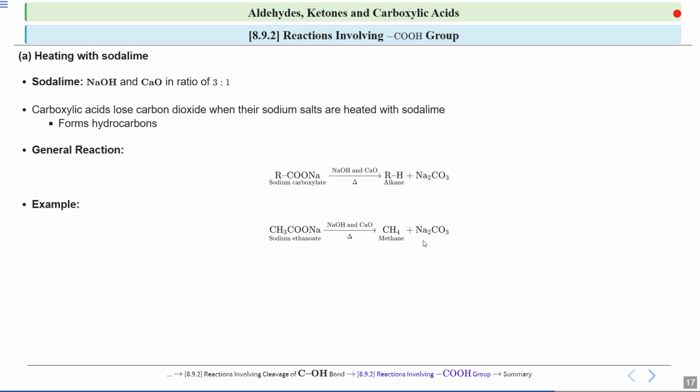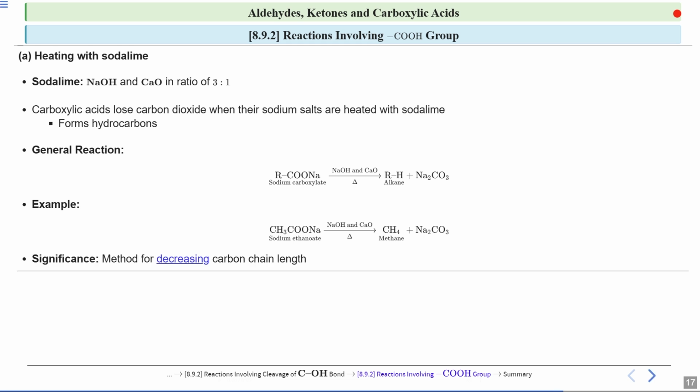You can see how a simple carboxylic acid derivative can be converted into a hydrocarbon. Here in CH3COONa there are two carbons and here there is only one carbon. So this process always gives one carbon short, or one carbon lost.